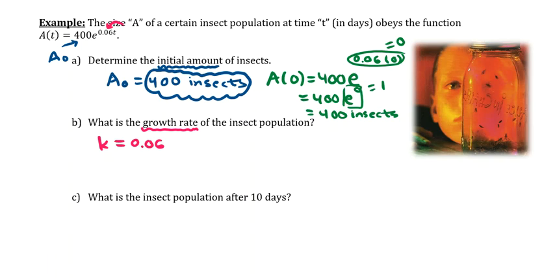Now notice that the value of k is greater than 0, which means that we are working with the law of uninhibited growth. So this would be a sufficient answer, k equals 0.06, but I would like to offer an interpretation of that.